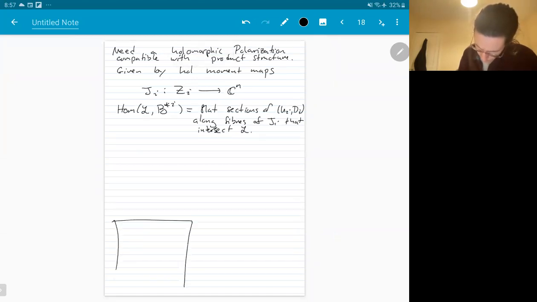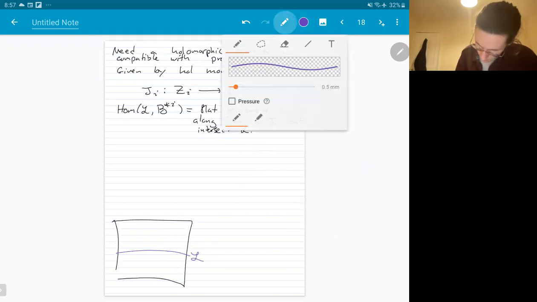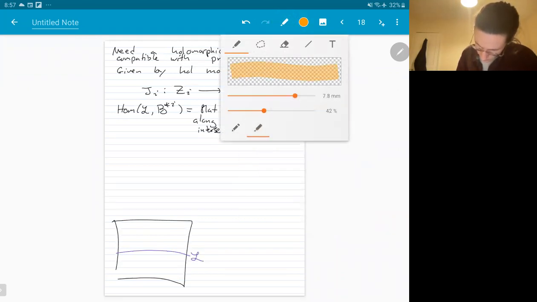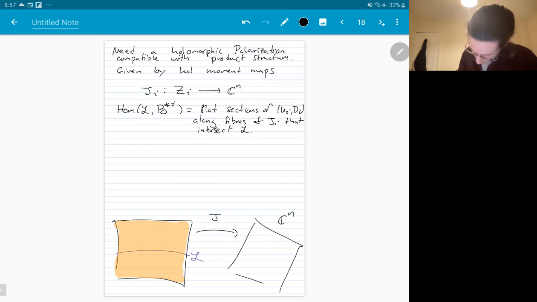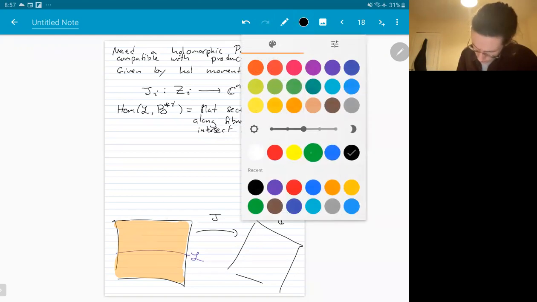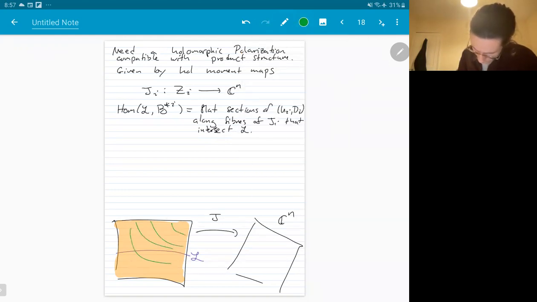Here's our space. Here is L. And I'll just draw the space filling brane like this. And we have this map J, which goes to C^N. And it has these fibers, which I'll write in green.